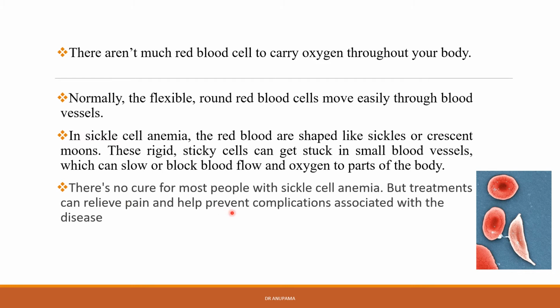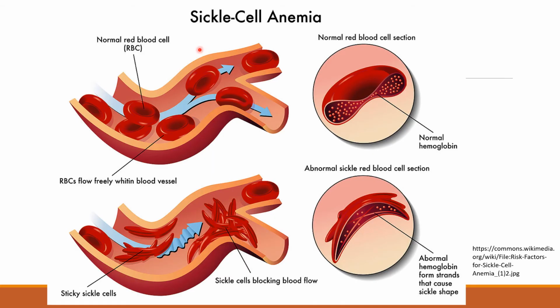There is no cure for most people with sickle cell anemia, but treatments can relieve pain and help prevent complications associated with the disease. So this is the normal blood, the RBC, and they easily squeeze through the blood vessels. While the sickle shaped RBC block the passages, obstructing the oxygen carrying capacity.